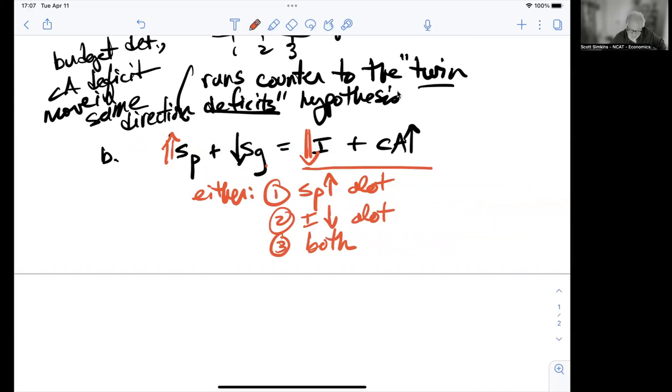More generally, there are 4 variables in this uses of saving identity, so we can't just say that these are going to move together or move in opposite directions. Anything is possible. It could be the case that they move together. Investment and private saving might not be changing a lot, but there's no necessary direct link between the two. So what has to be happening for that to be true? Well, one of these 3 things.